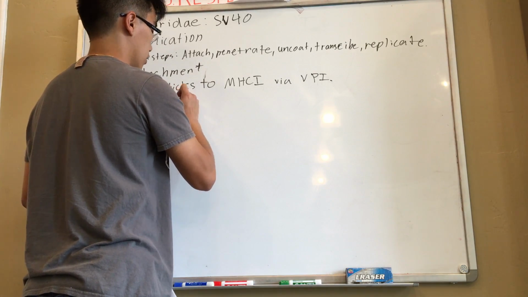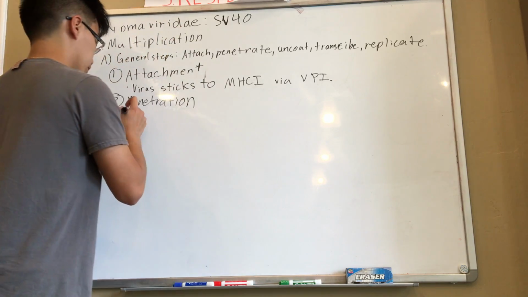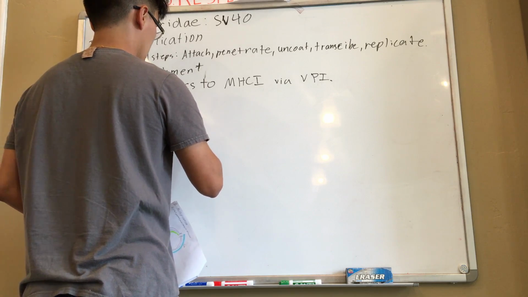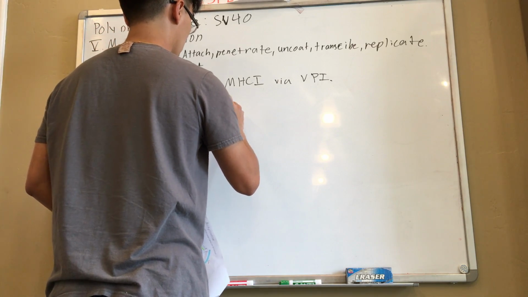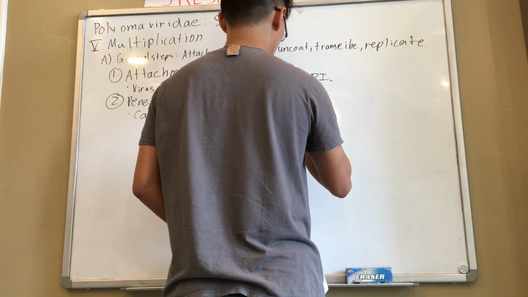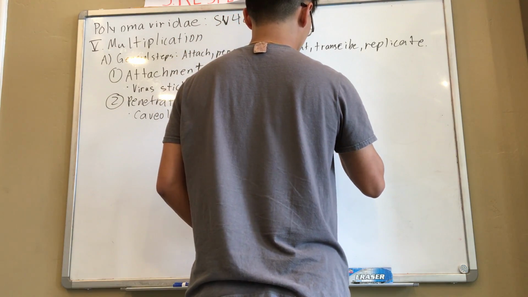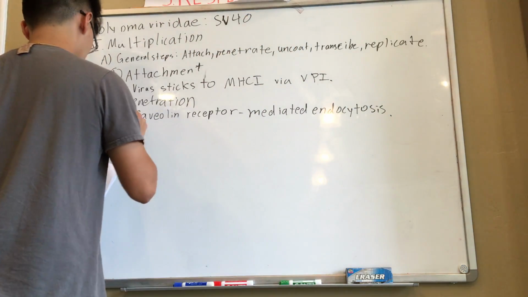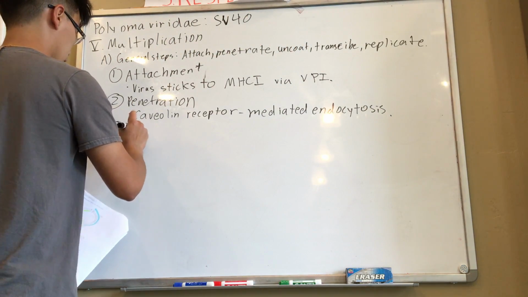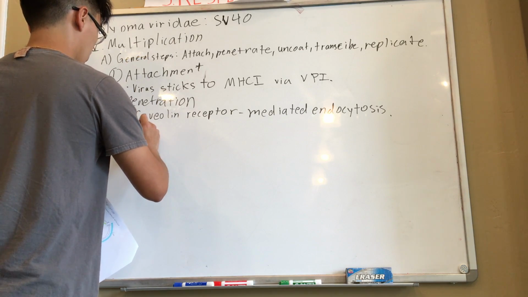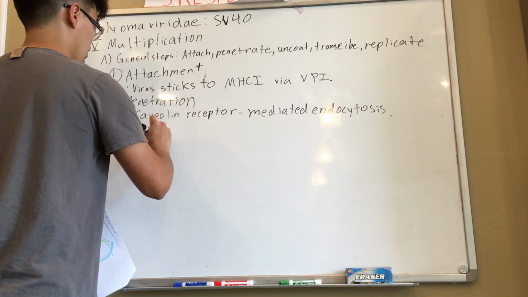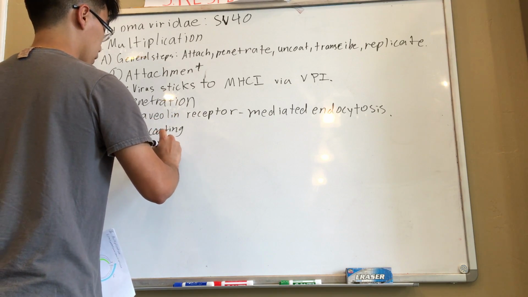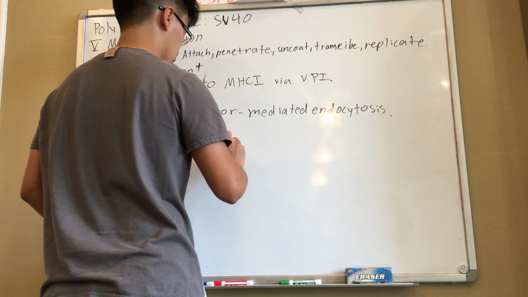Penetration into the cell: we have caveolin receptor-mediated endocytosis. For uncoating, the virus loses VP2 and VP3.